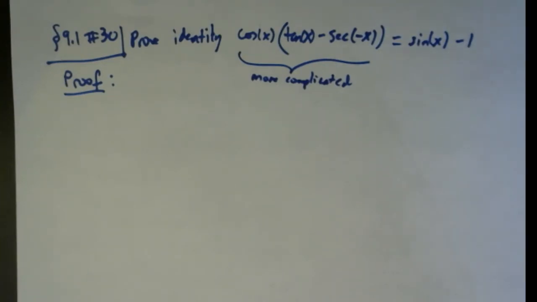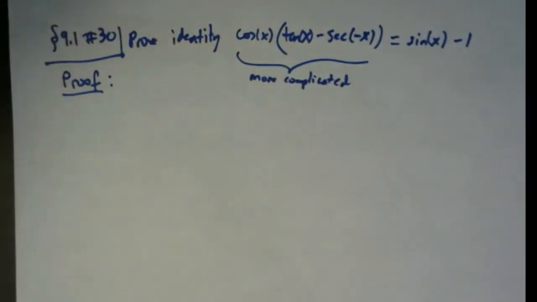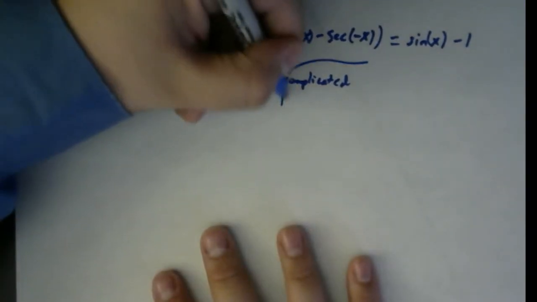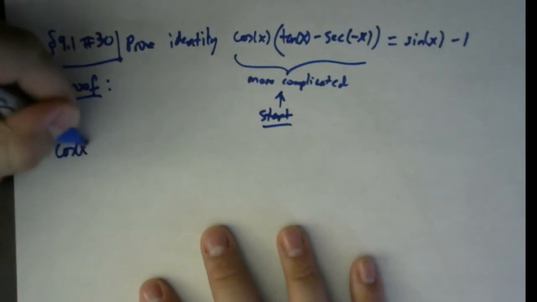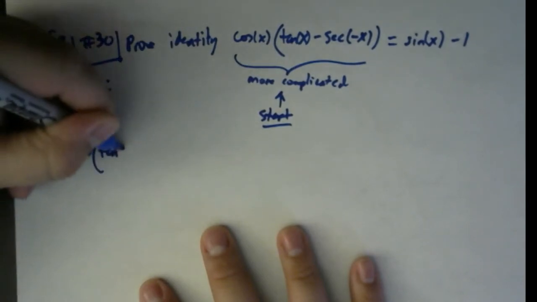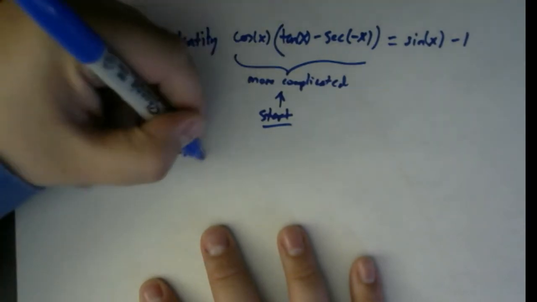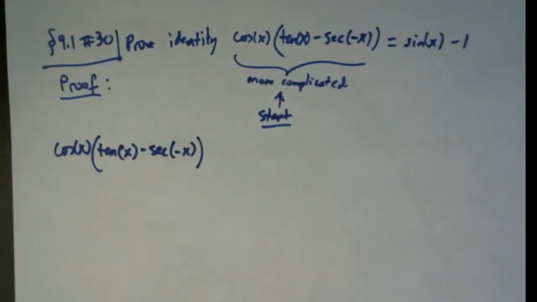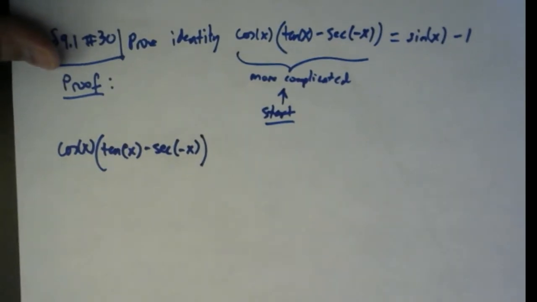That goes back to, doing stuff to both sides is an equations thing. It's not an identity thing. In other words, we want to start here. So we start with cosine x times tangent x minus secant of minus x, and then we proceed from this thing using the properties of the trig functions.